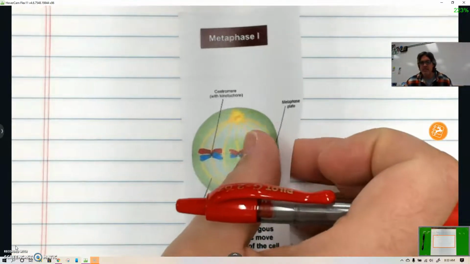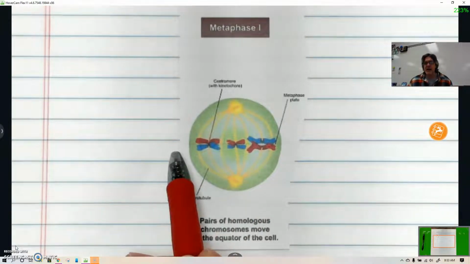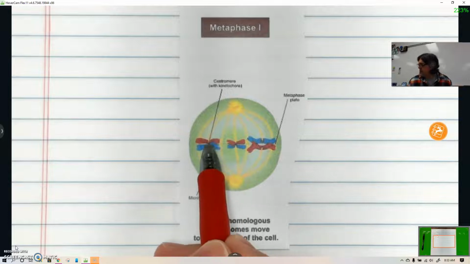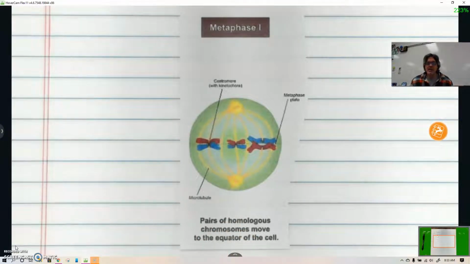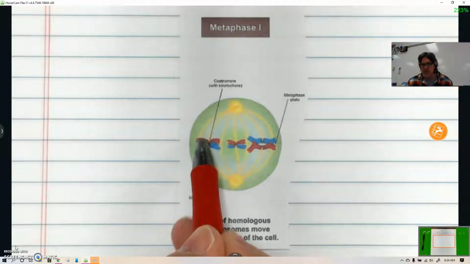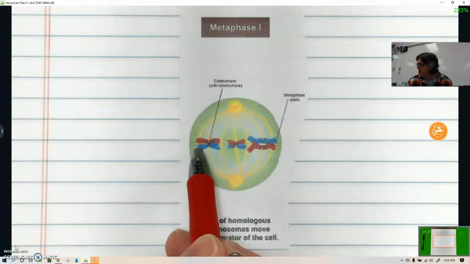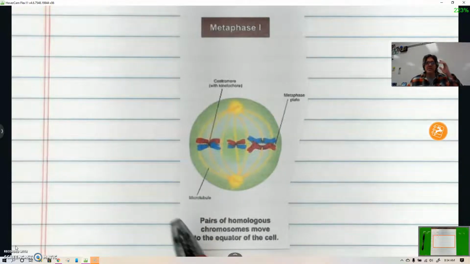Now, we move into metaphase 1, and this sort of looks just like mitosis, but what's different is that the homologous pairs are lined up across from each other, okay? That is not a single chromosome right here. That is like a blue chromosome from, let's say, your dad, and a red chromosome from your mom.